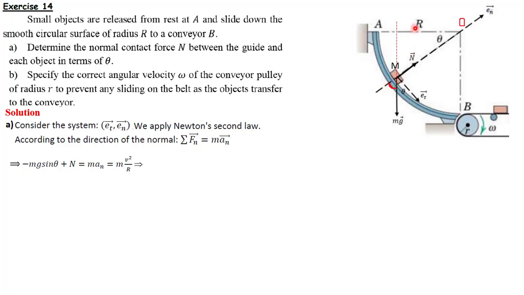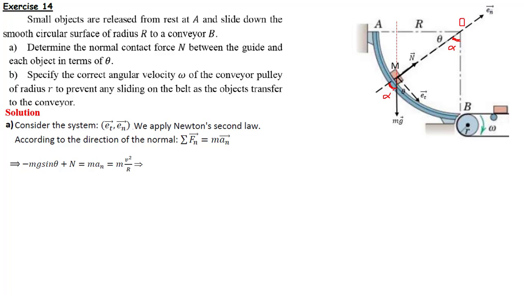Now, if we draw the line which is parallel to OB and passing through M, we can notice that this angle in red is equal to this angle in red. Let's say it's the angle alpha, where alpha is the complementary angle to theta. So theta plus alpha is equal to 90 degrees. So this is also the angle alpha.